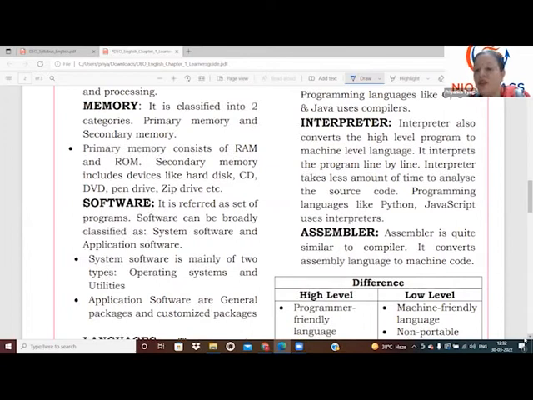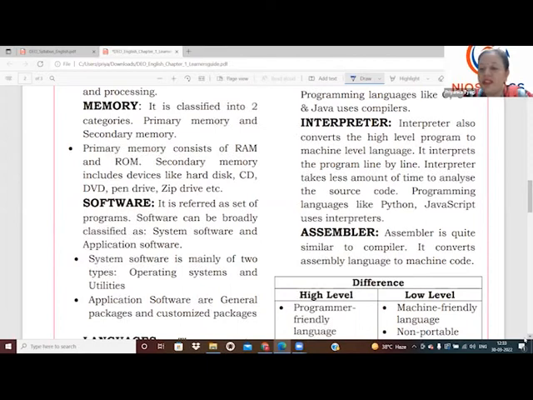As we already know, a computer comprises two major fields. One is your hardware, second is your software. What is hardware? Anything which we can touch, which we can see, right? That is your hardware. Now, the second major domain of the computer is your software, right? What is software?